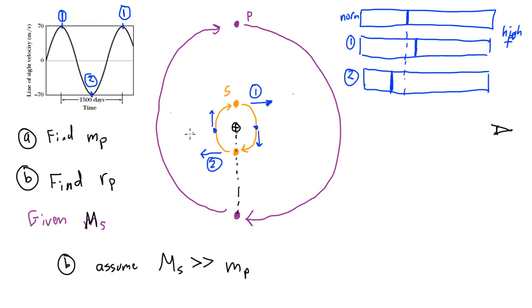But then, for part A, which again I recommend you do second, you have to let the star be moving and treat it that way. So it's kind of like, in one situation you make this assumption, and then for the other part you don't quite make that assumption. Okay, so for part B you assume this, and then you can find the radius of the planet's orbit, and from there then do part A.